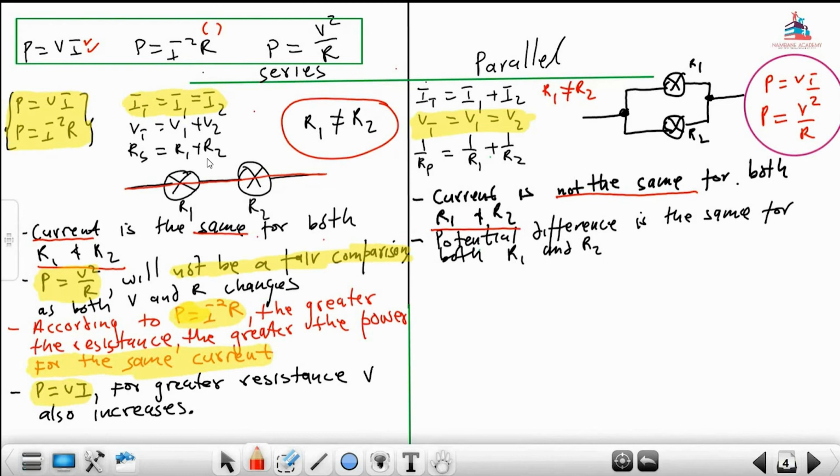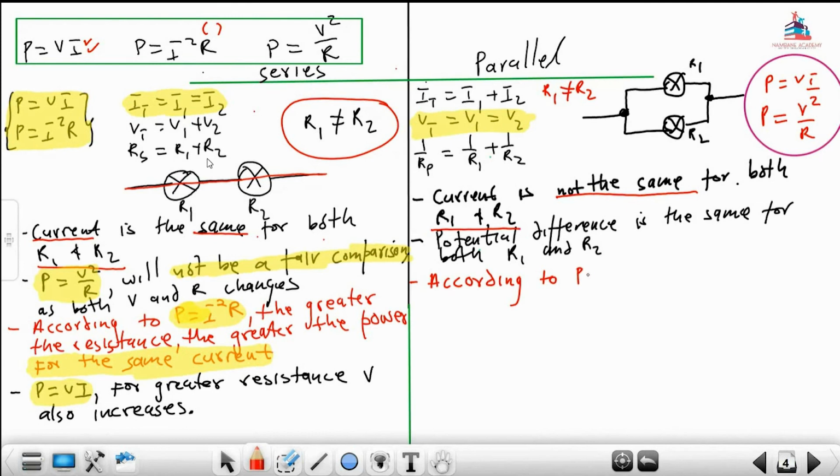So with this being said, one can easily now start saying according to this equation, and this is how you need to start answering this type of questions when you explain the difference in brightness of these bulbs.